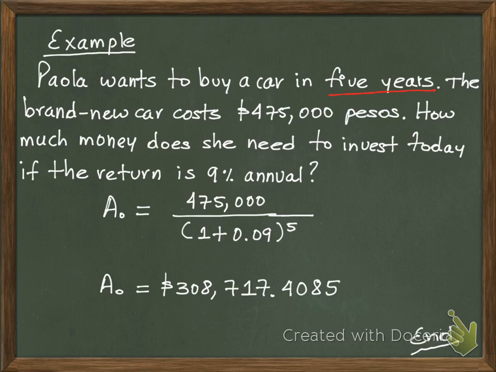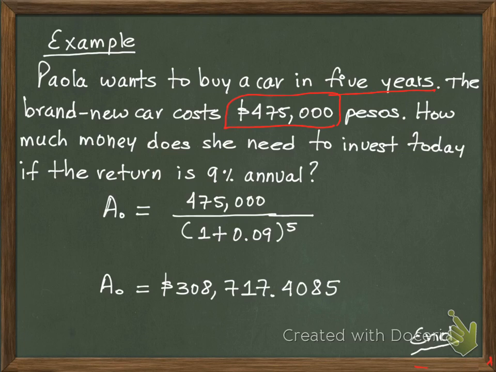So that's 475,000 over (1 plus 0.09) to the 5th. Now, remember, we're using the present value formula. We now have this value, and this is like a future value, and we need to find the present value of this amount.